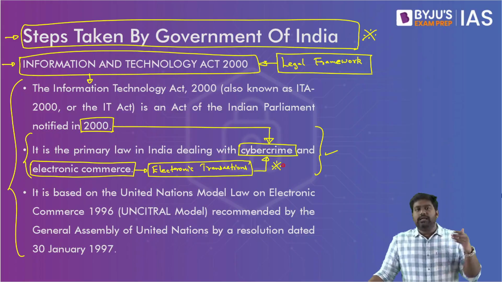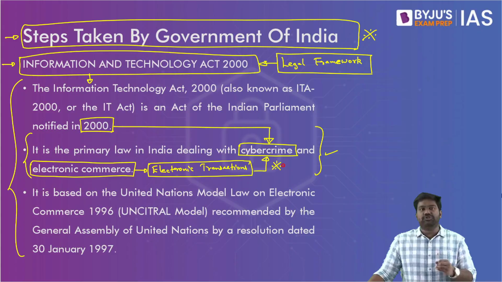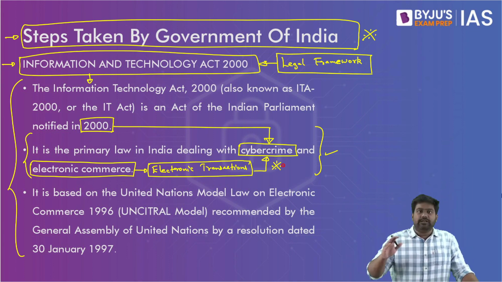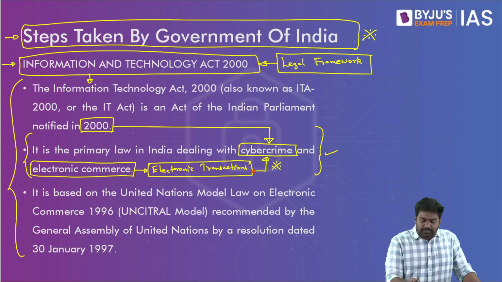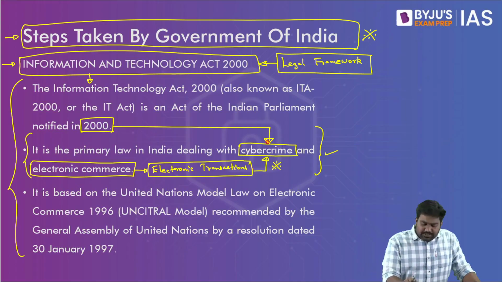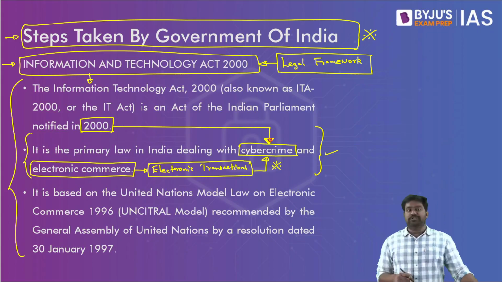Any electronic activity, any electronic communication between computer devices through an internet network becomes regulated under the IT Act. All electronic commerce, essentially all forms of electronic digital transactions happening between your devices through the network, get regulated under the IT Act. Is that clear? So it covers cyber crimes and all forms of electronic commerce.